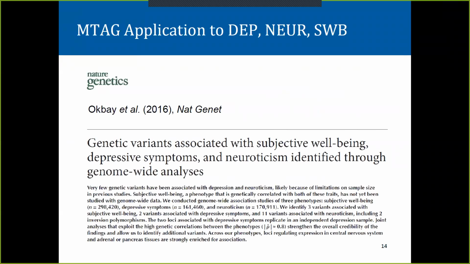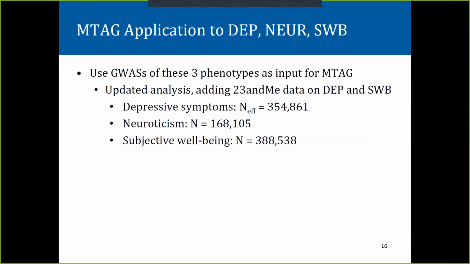And so in my last few minutes, I want to talk about the application that we have in the MTAG paper. In 2016, there was a paper that analyzed subjective well-being, depressive symptoms, and neuroticism, big GWAS of all 3 of those traits. We've taken that data set and added a few additional samples, specifically data from 23andMe is the largest increase in sample size.